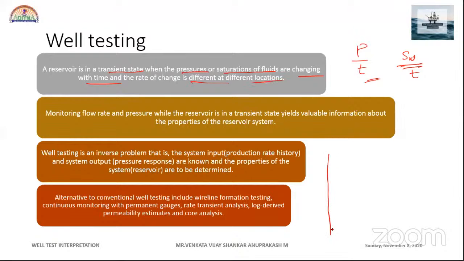So let me give you a plot of this, which is indicating the time, pressure, and the above plot will be your Q and time again. As I told, all the well tests will be done at a constant terminal rate or constant rate. At this constant rate, obviously it will show some response in the pressure, and that will be in a declining trend.